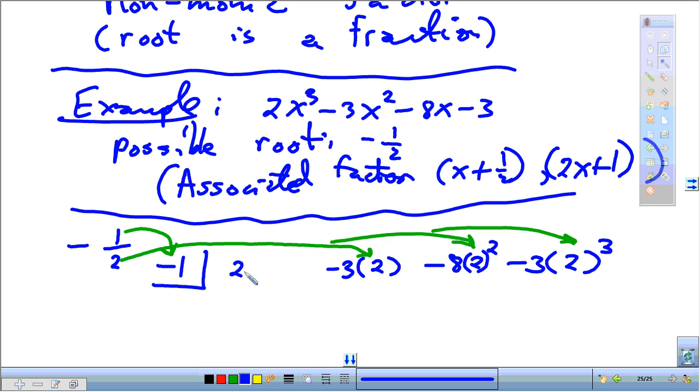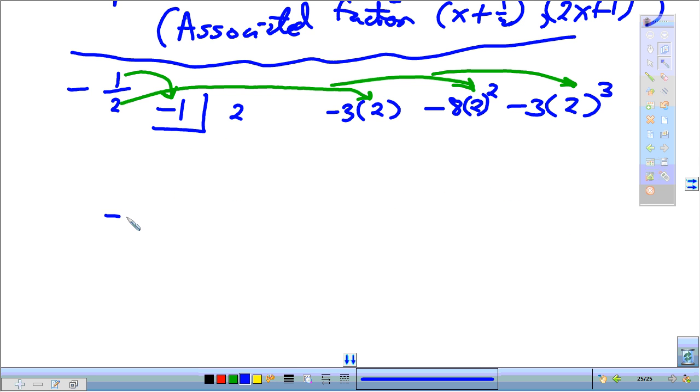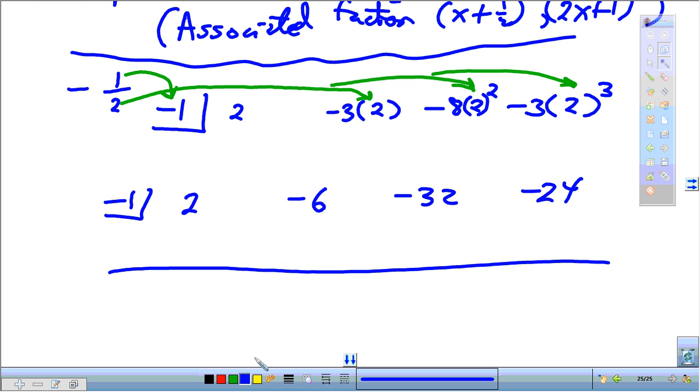So I start with a 1 and then a 2 to the first, 2 squared, 2 cubed until I finish. And so now I have minus 1. Instead of the original coefficients, I have 2, minus 6, minus 32, minus 24. So now all the numbers are still whole numbers, possibly with minuses. And I do the same synthetic division process.